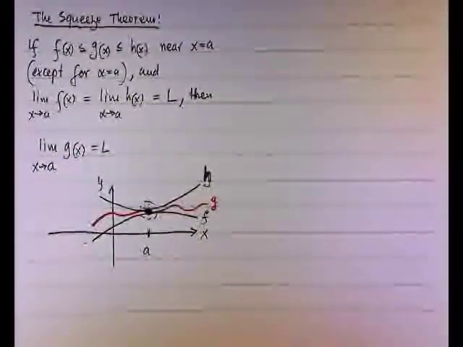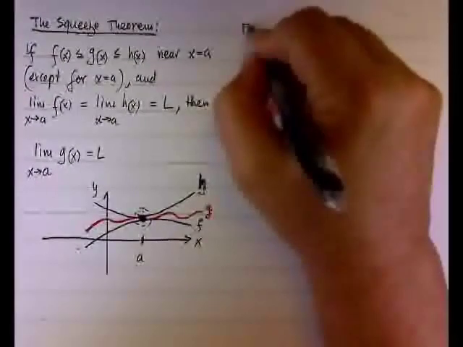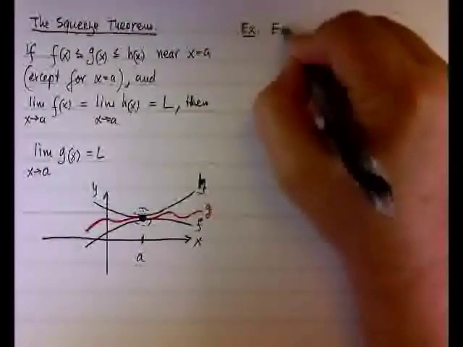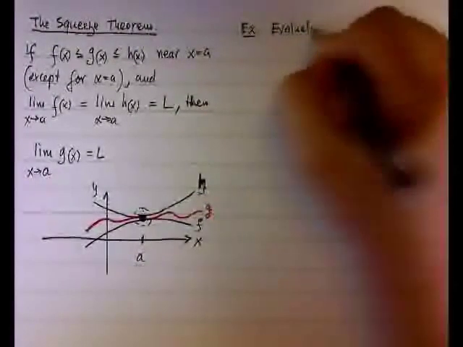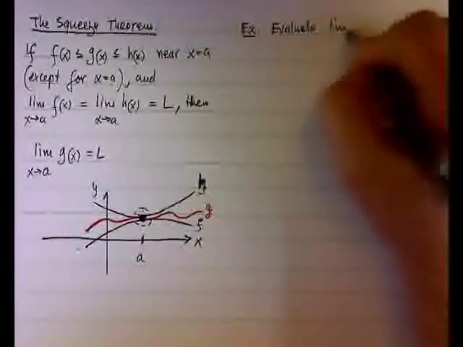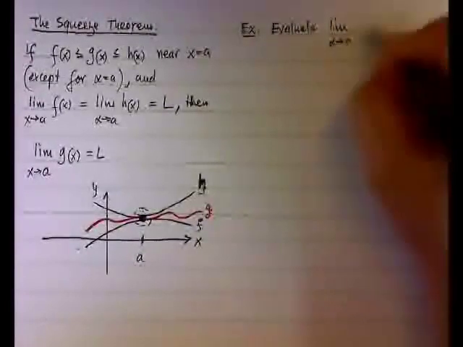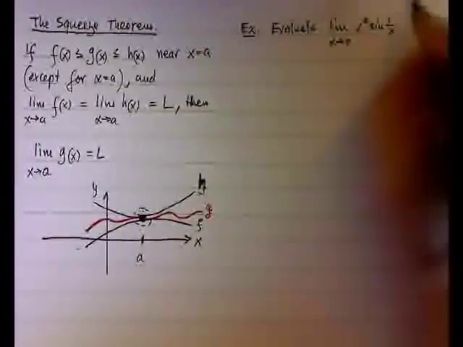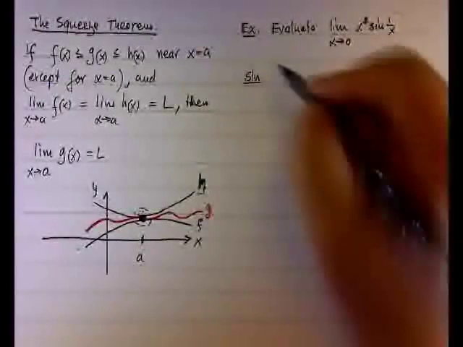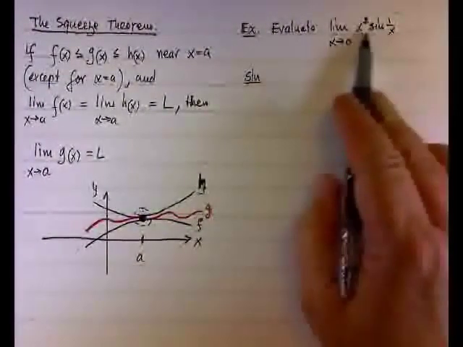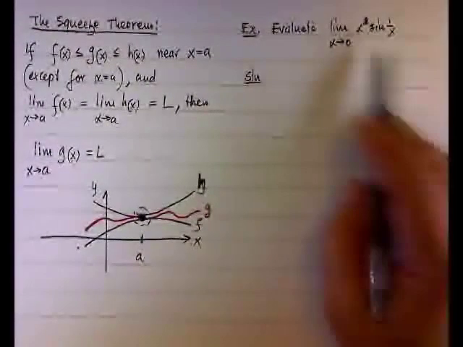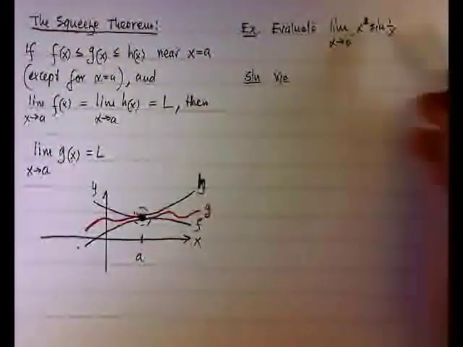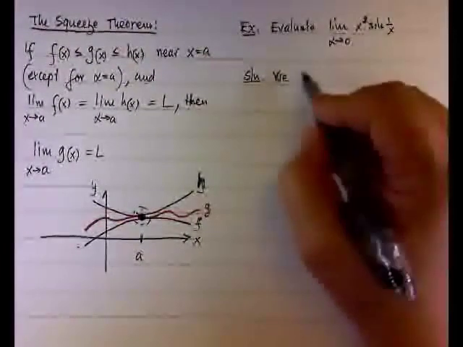Okay? And a quick example, a classic example, you may have it in the homework. Let's evaluate the limit when x approaches 0 of x squared sine of 1 over x. We cannot use the product rule, right, because the limit of sine of 1 over x does not exist. 1 over 0 does not exist, so we don't know what the limit is.